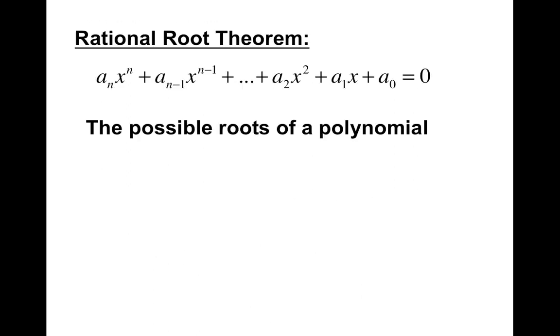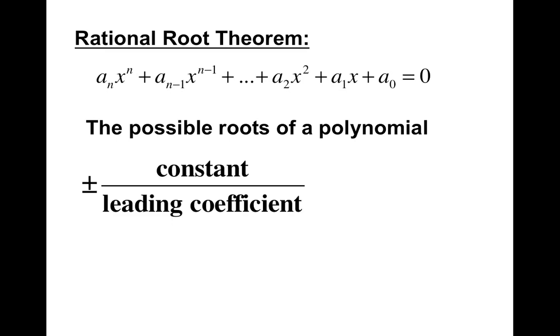So the rational root theorem says that it's the possible roots of a polynomial. They won't all be roots, but it's the possible roots. So you do plus or minus the constant on the end of the polynomial, all of those factors, divided by the leading coefficient, all of those factors.